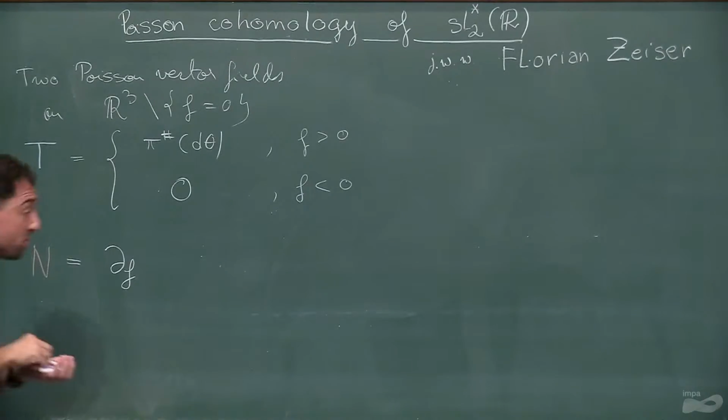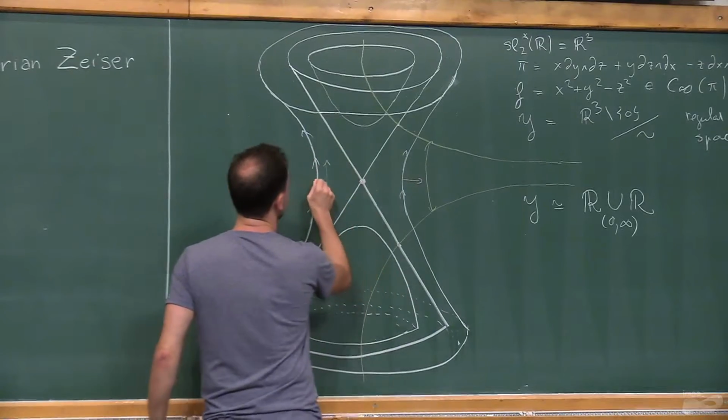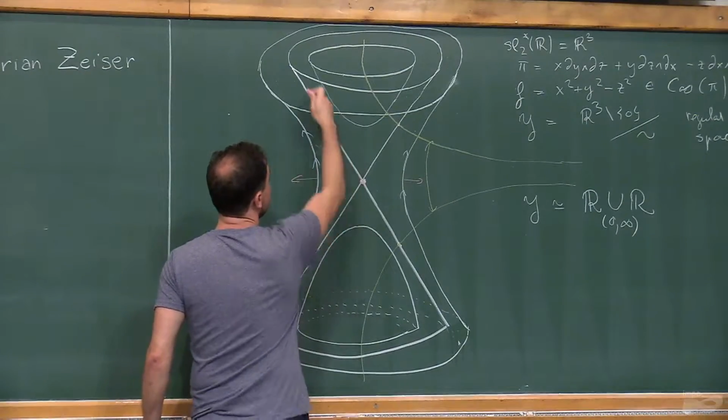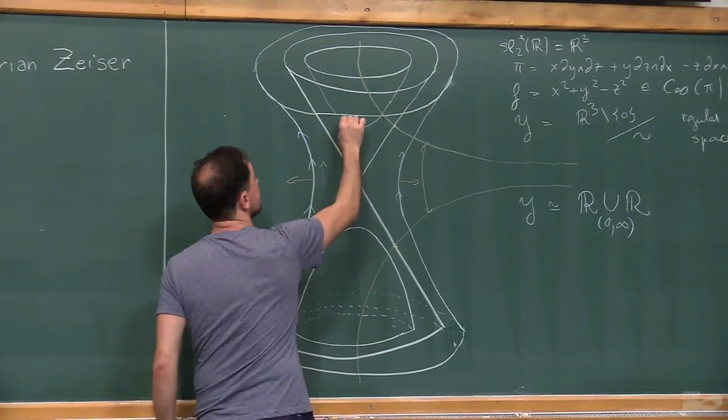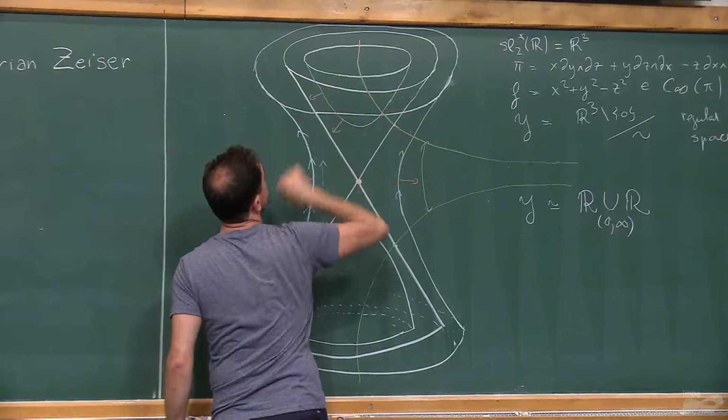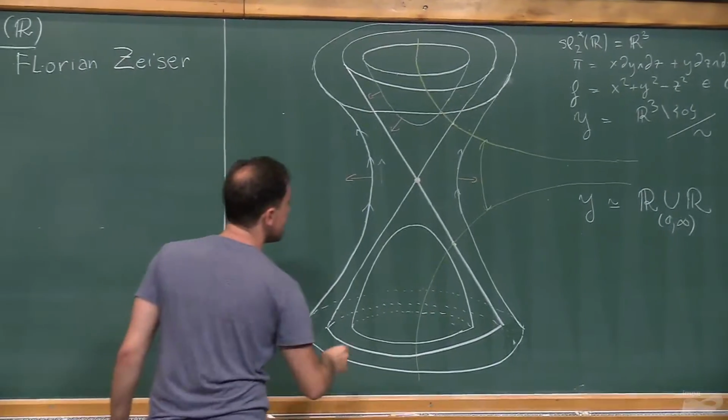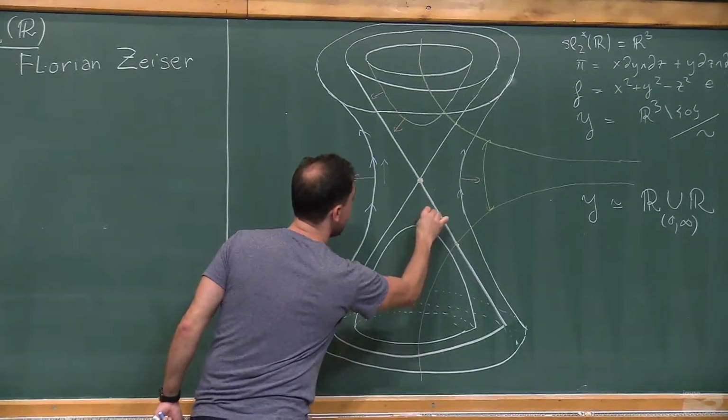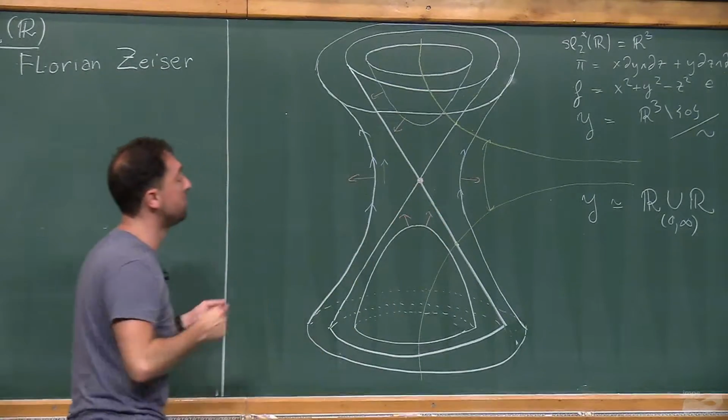So this vector field will be normal to the leaves, pointing outside. It's not defined on the cone. And if you apply F to this basic Casimir, it gives you 1.